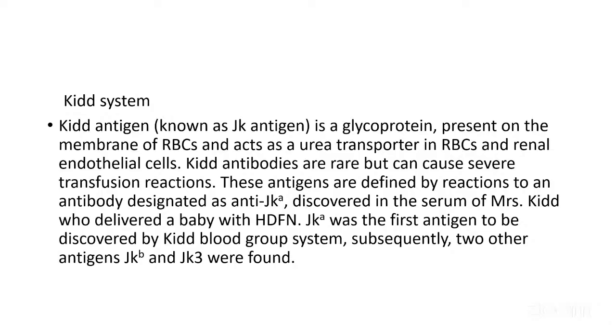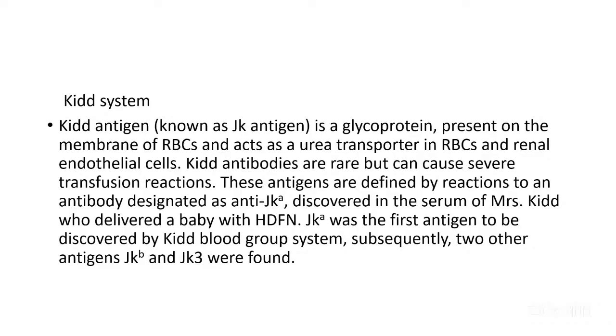The next one is the Kidd. The Kidd antigen is known as the JK antigen and is a glycoprotein present on the membrane of RBCs and acts as a urea transporter in RBCs and renal endothelial cells. Kidd antibodies are rare but can cause severe transfusion reactions.